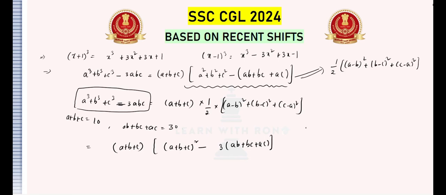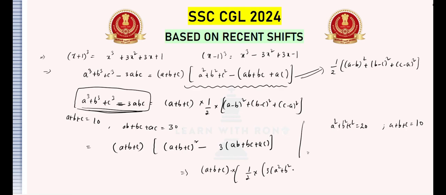Okay, if in the question they give you the a square plus b square plus c square value, let's say 20, and a plus b plus c as 10, and they ask you to find a cube plus b cube plus c cube minus 3abc, then the formula is, here I will write, a plus b plus c multiplied with 1 by 2 of 3 times of a square plus b square plus c square minus a plus b plus c whole square.